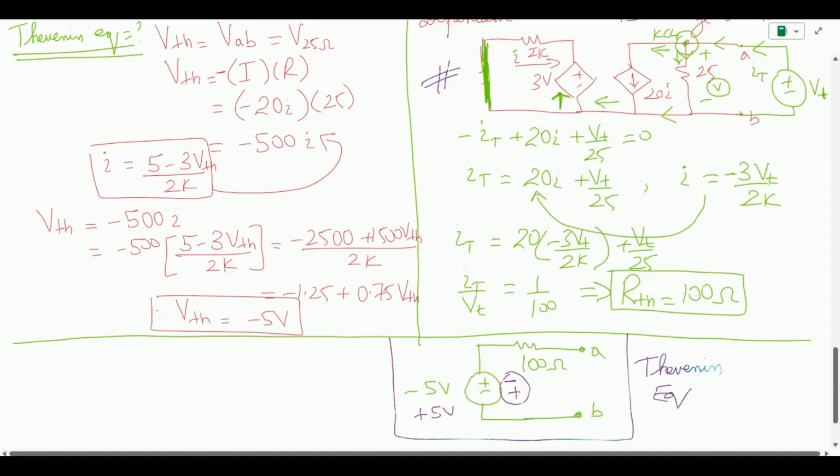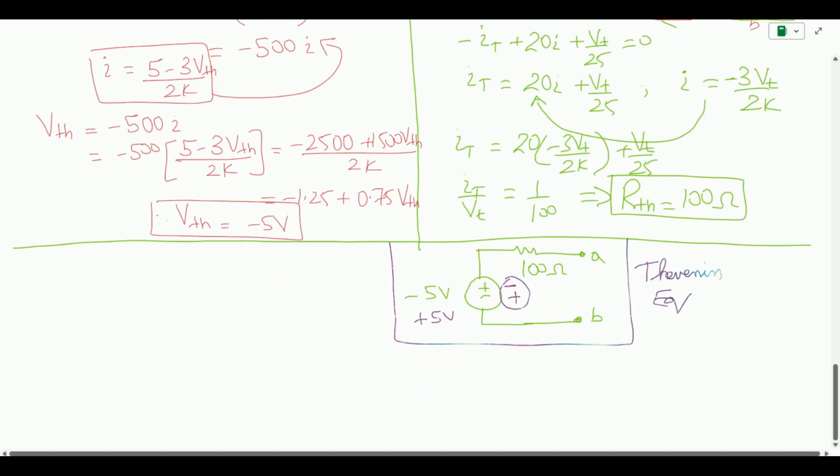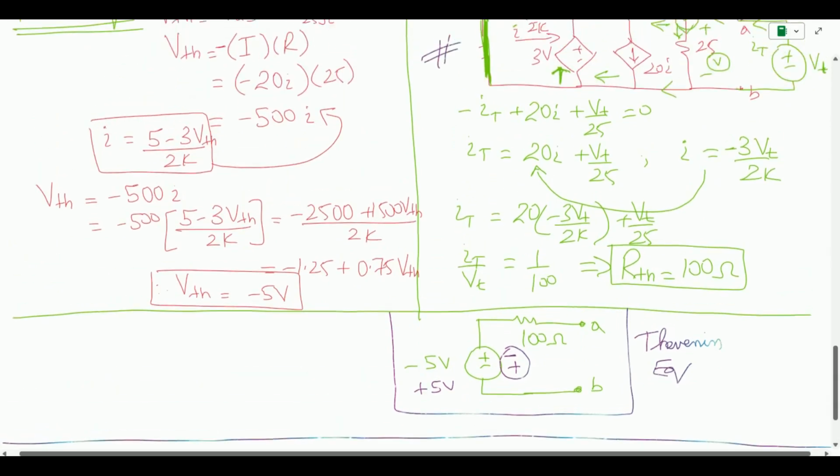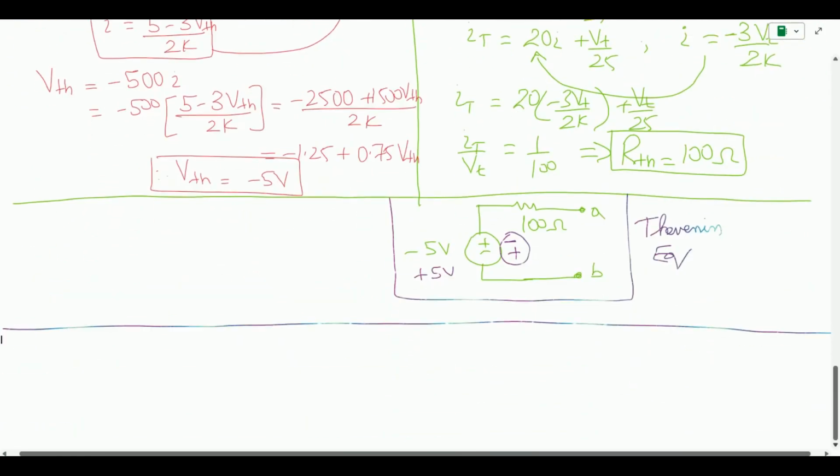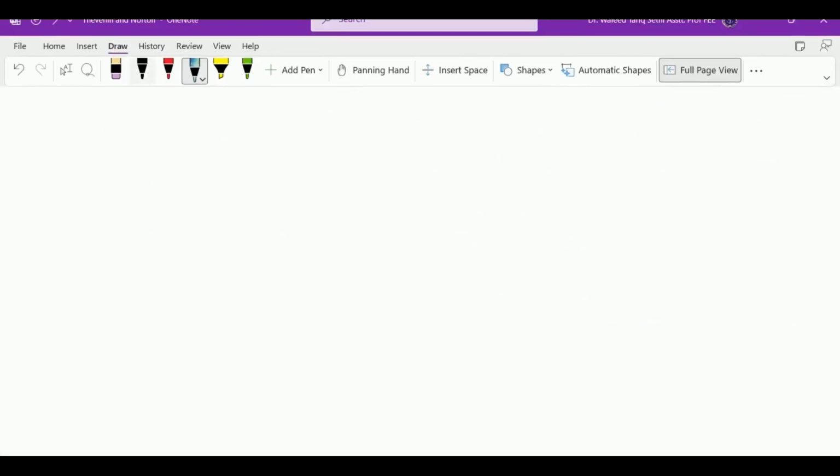So I leave you with some more practice questions, so you can practice on this Thevenin and Norton related problems. You can also find the Norton of this dependent source over here. So a few examples for you to practice and see what is the output of these examples.